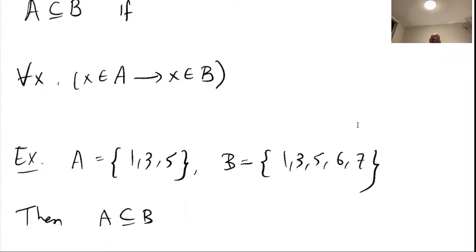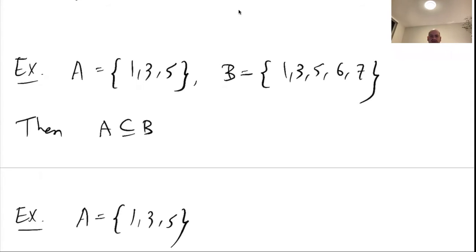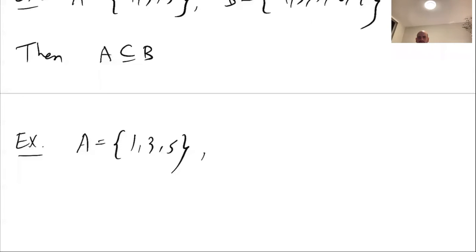Because every element of A is an element of B as well. 1 is in B, 3 is in B, 5 is also in B. So another example, let's say A equals 1, 3, 5, and then let's define another set, C equals 1, 3, 4, right?